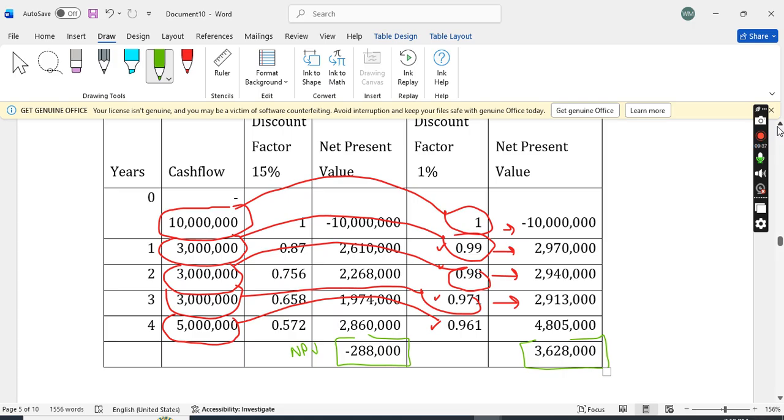Okay, so our higher discount rate, which is H, we say H equals 15%. Our lower discount rate, 1%. The net present value, NPV, with the lower discount rate, NPVL, should be 3,628,000.